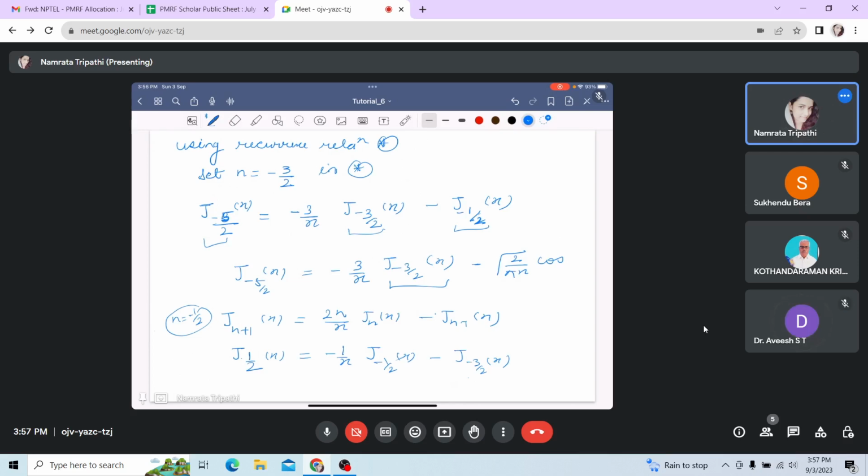Yes, ma'am. Okay, you can put the value. What will be the value? 2 upon pi x sine of x plus 1 by x, 2 upon pi x cos of x. Now you can substitute this value, then you will get z minus 5 by 2. So I am going to write the value of z minus 5 by 2.